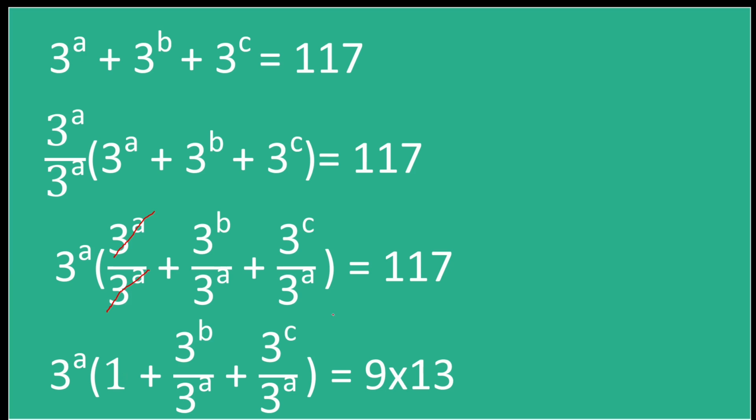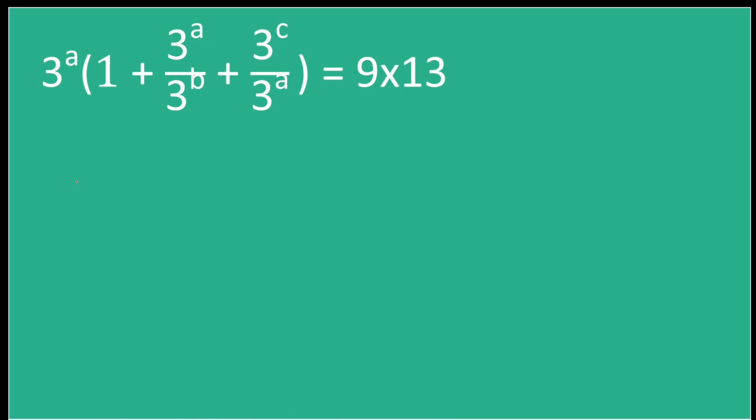And then we will split this 117 into 9 times 13, and then we will compare these two values. This value 3^a, we will compare with 9, and the other whole value with 13.